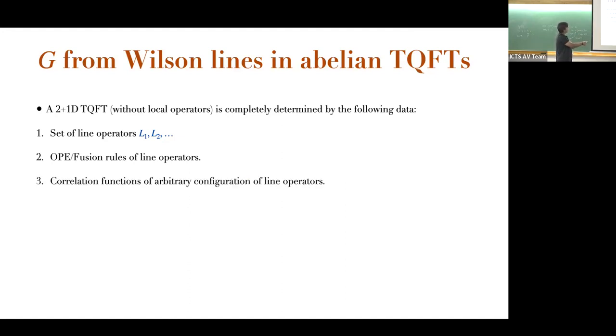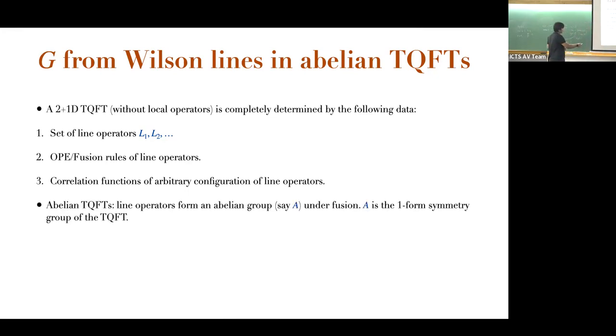And the third one is actually the most difficult, but I can say it just as correlation functions of arbitrary combinations of line operators, which is the hardest thing to determine. Even if we give these two, it's hard to determine this. But for abelian TQFTs, which I will define now, this simplifies drastically. What I mean by an abelian TQFT is that the line operators form an abelian group under fusion.